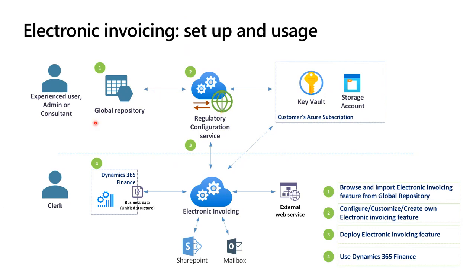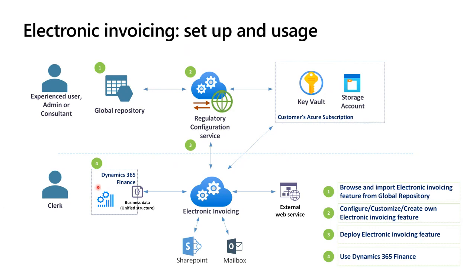And third, you deploy the electronic invoicing features to the service itself, making them available for Microsoft 365 users to consume. And the accounts receivable clerks keep doing their daily activities.